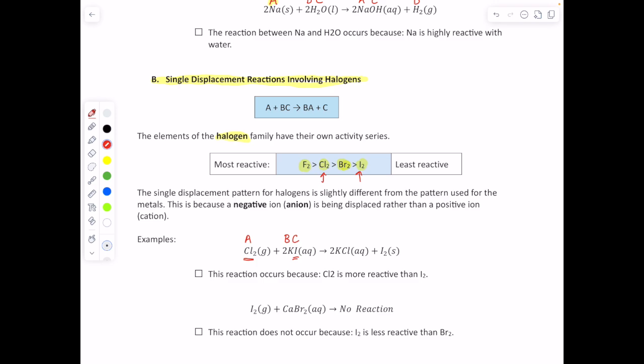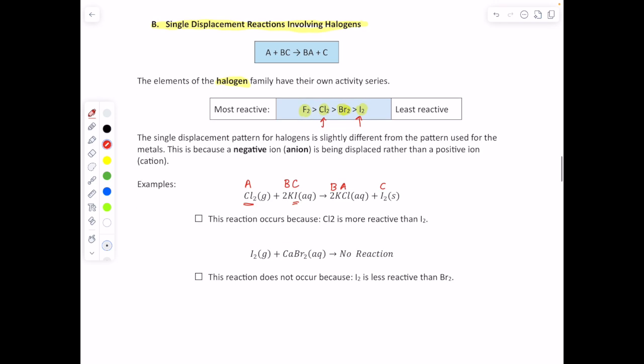So chlorine is going to displace the iodine and leave the iodine on its own. If it were iodine reacting with calcium bromide, no reaction will occur because bromine is more reactive than iodine. So no reaction happens.